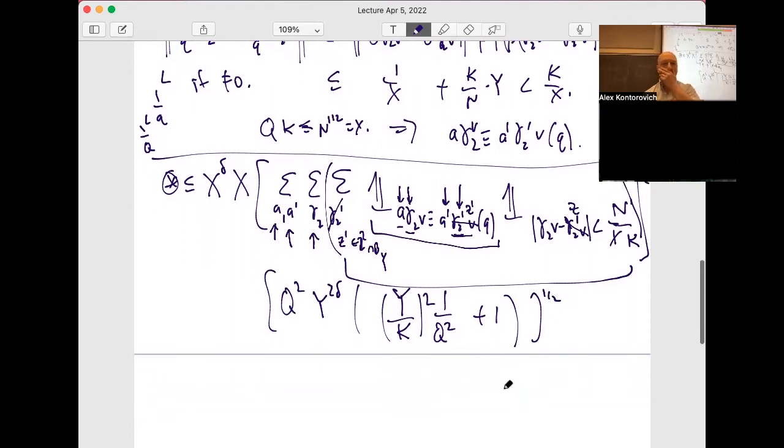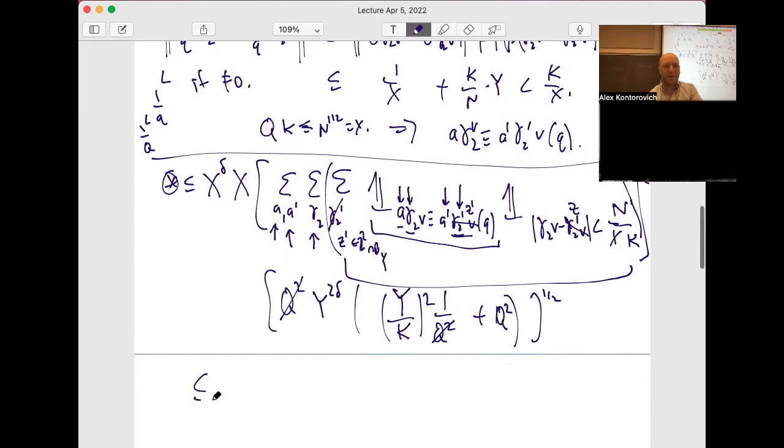What have we learned in the end? Let's move the y squared and the q squared inside here. And now let's do the 1/2.